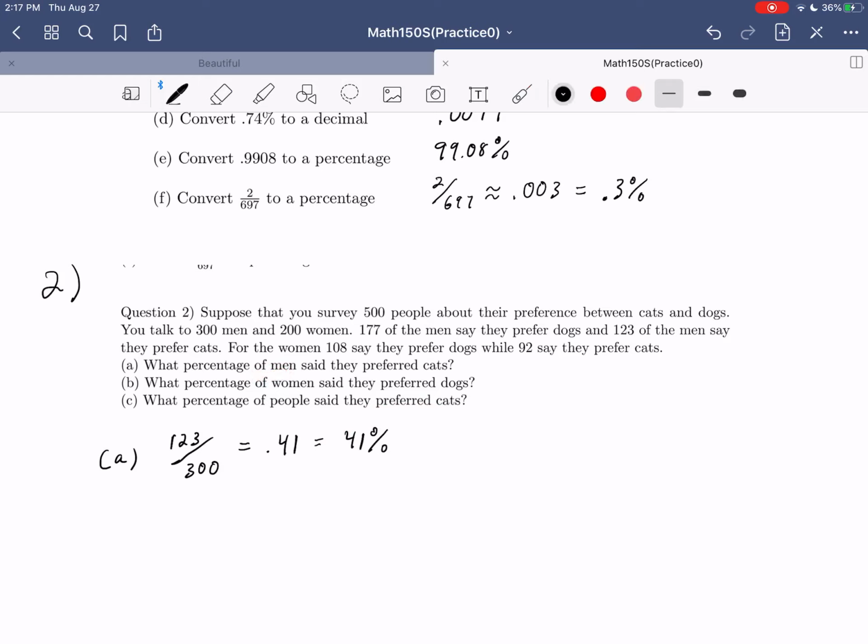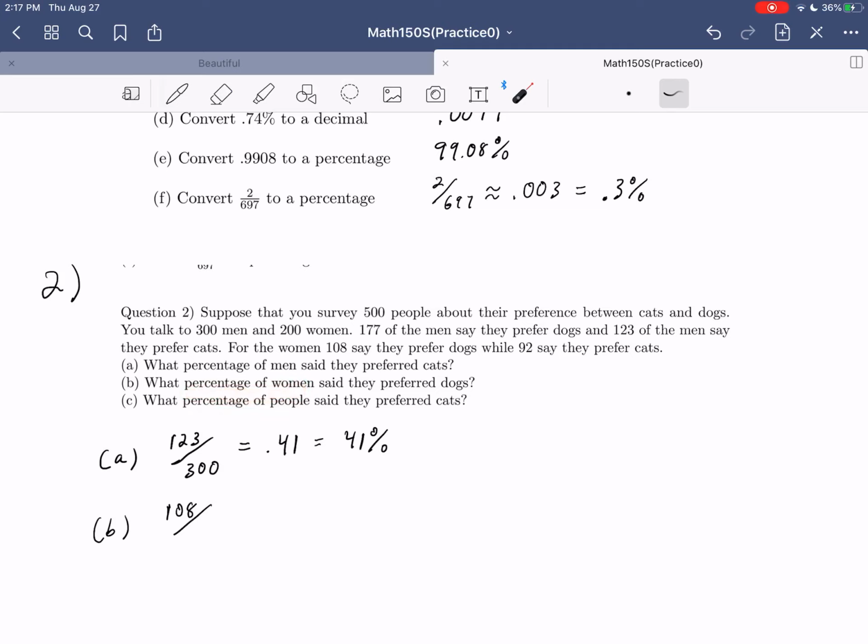All right, well, let's try B here. For B, we want what percentage of women said they preferred dogs. So for our numerator, we'll find the amount of women that said that they preferred dogs. That was 108. So that'll be our numerator. And that 108 is out of the total amount of women. Why is it out of the total amount? Because we want the percentage of women.